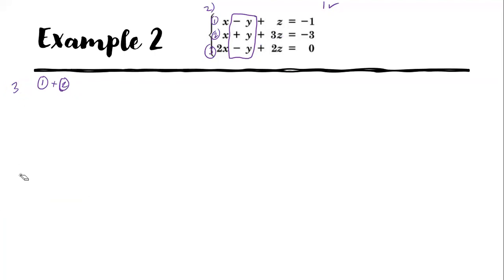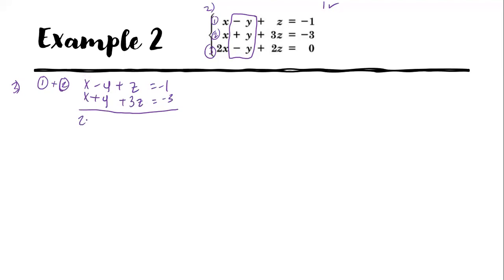I'm going to add 1 and 2 together, and that's going to have x minus y plus z equals -1. And that gives me x plus y plus 3z equals -3.